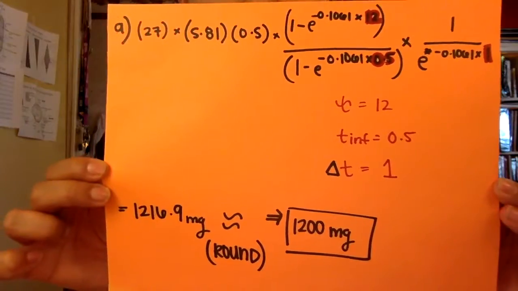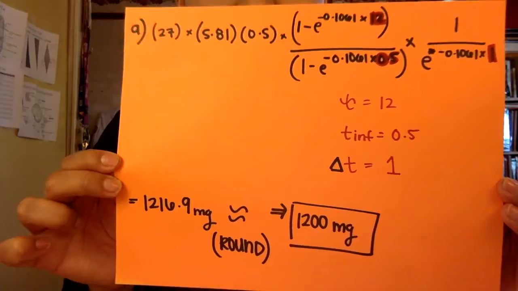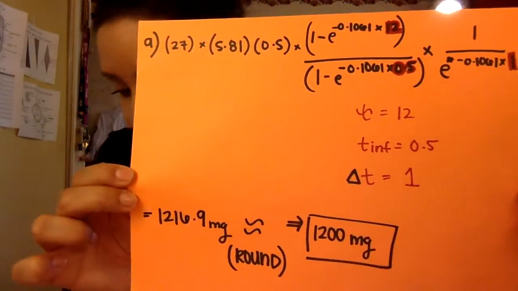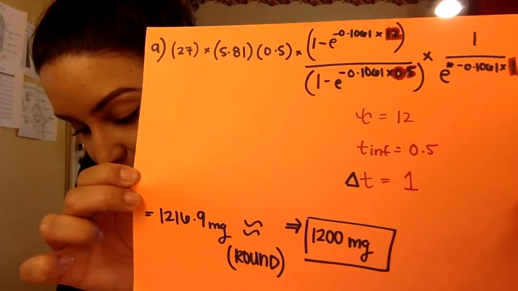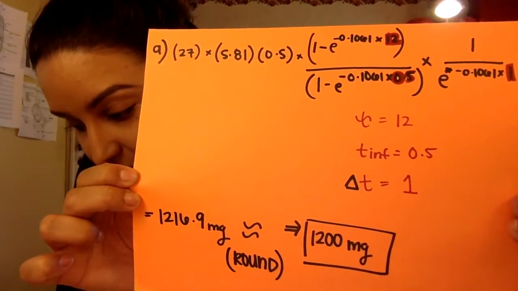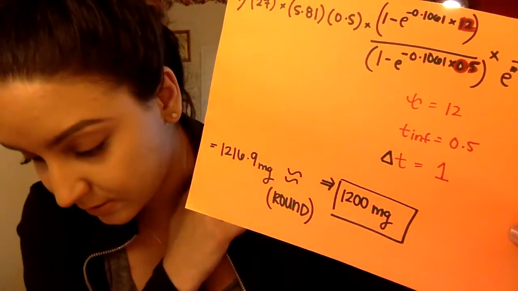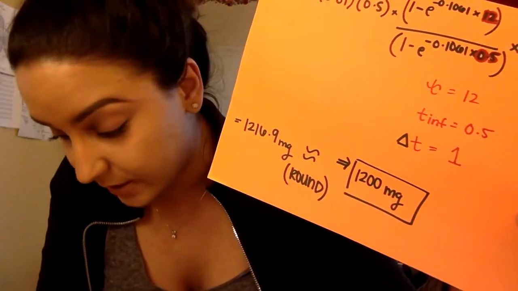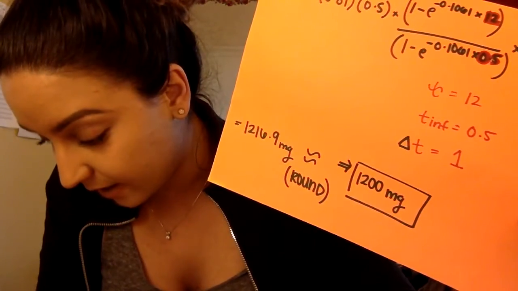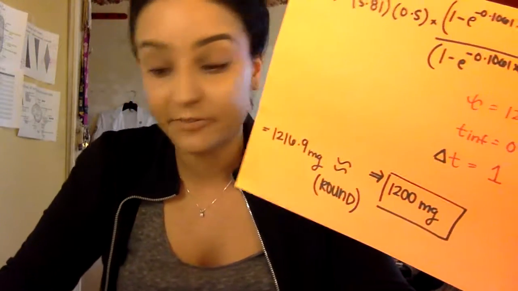So 27 is your target, and then 5.81 is your clearance, which you have to solve for. Your clearance is basically going to be your VD times your K. You're given the VD as 0.75 per kilogram.